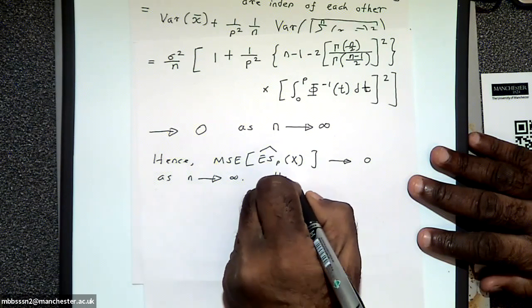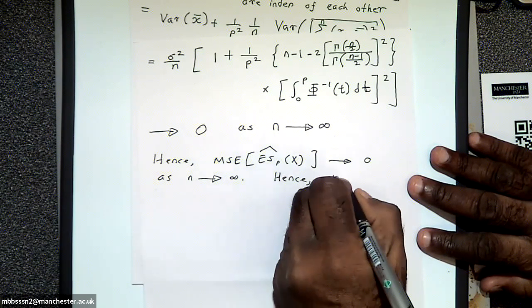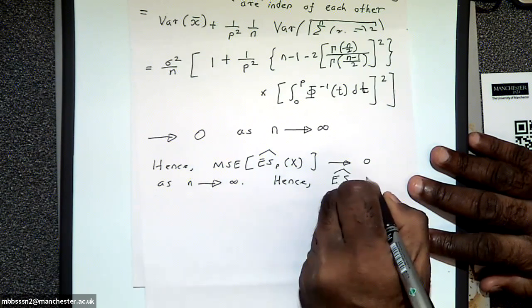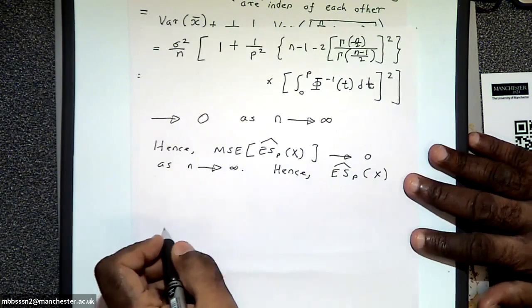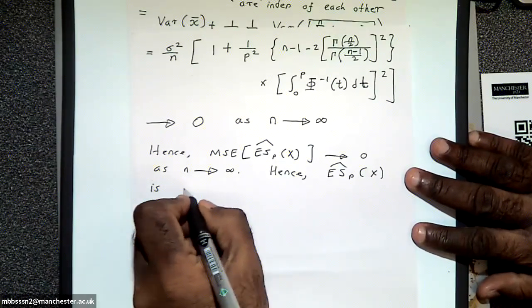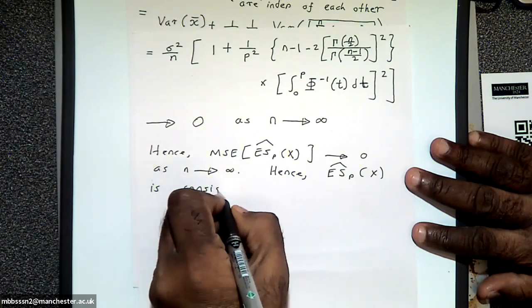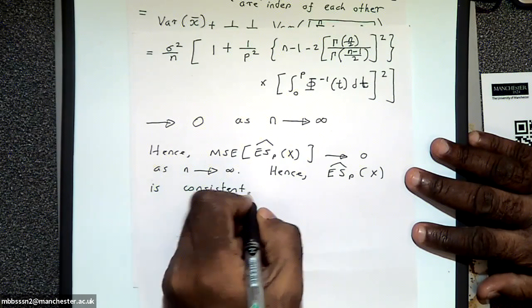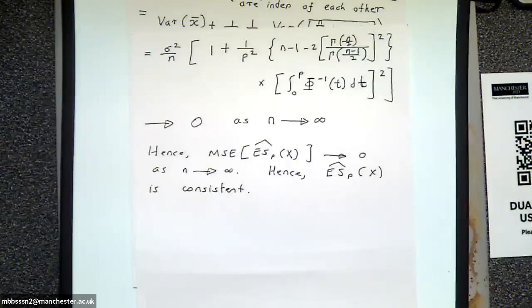Hence, the expected shortfall estimator is consistent. Remember, the definition of consistency is that an estimator is said to be consistent if the mean squared error approaches 0 as n goes to infinity.